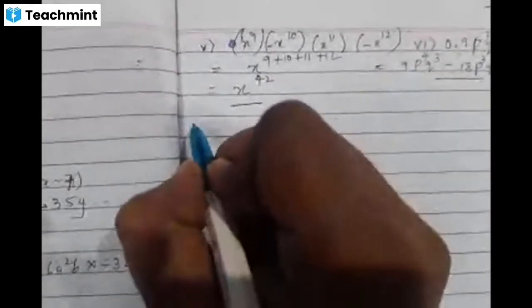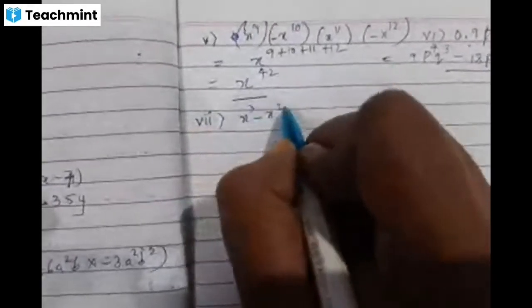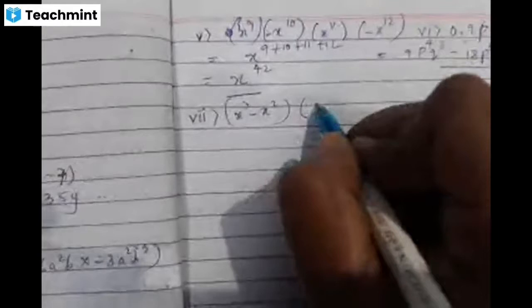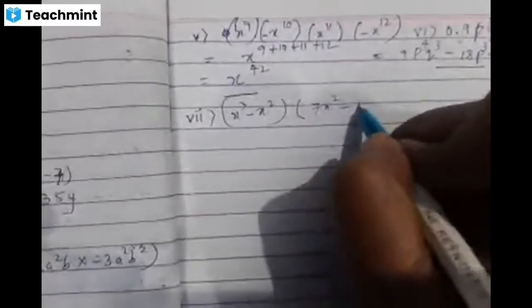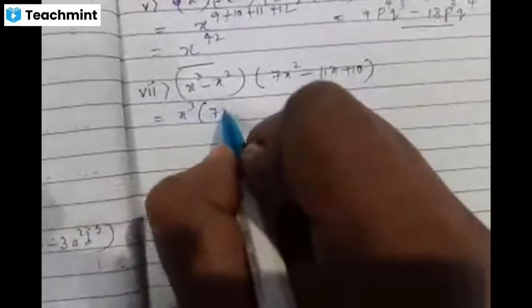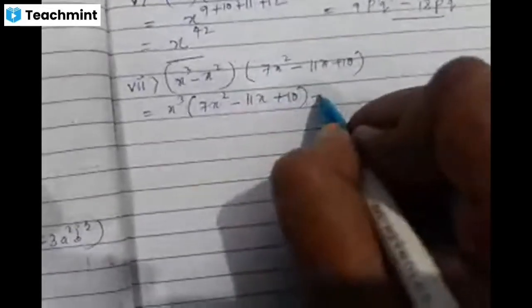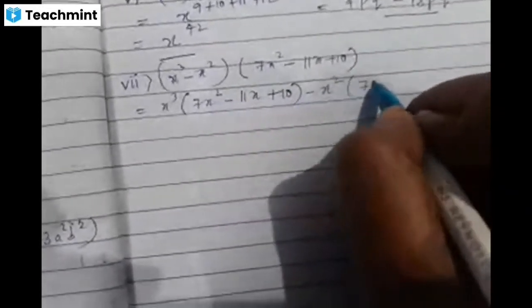Let me do the 7th part, children. That is x cube y minus x square into 7x square minus 11x plus 10. Binomial with a trinomial. First term into the second bracket, minus second term into the second bracket.